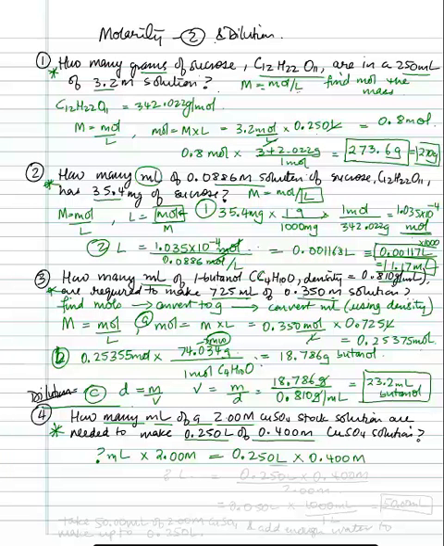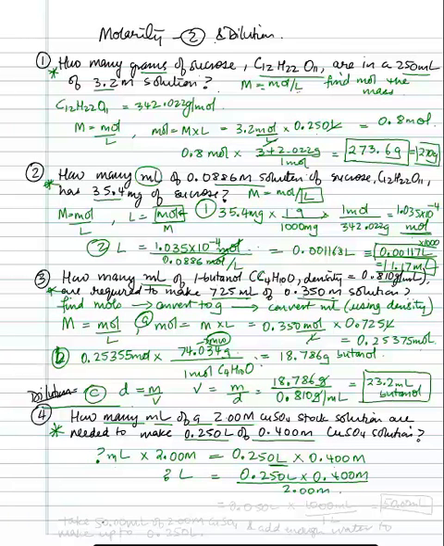So make sure you keep your numbers together. The diluted solution is on the right hand side for me and the concentrated is on the left. Of course, we will not get milliliters in this case because our units here are liters, but that doesn't matter. We'll work on that later. So I will write liters over here instead of milliliters so that we don't get confused. 0.250 liters times 0.400 molarity divided by 2.00 molarity.